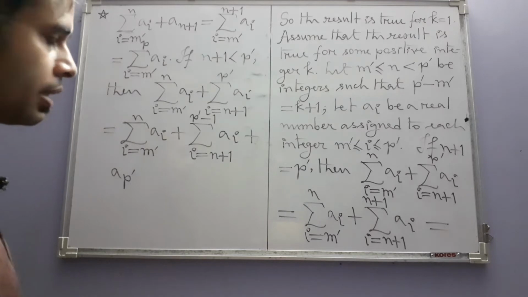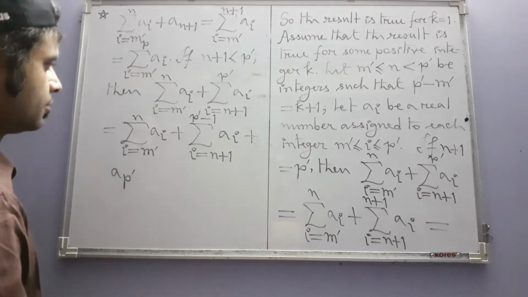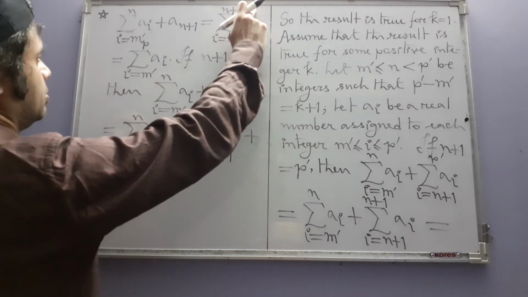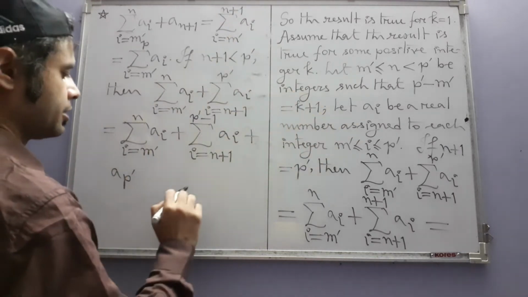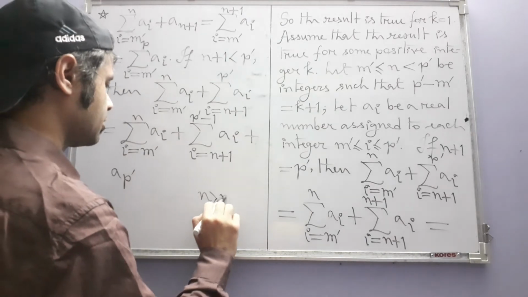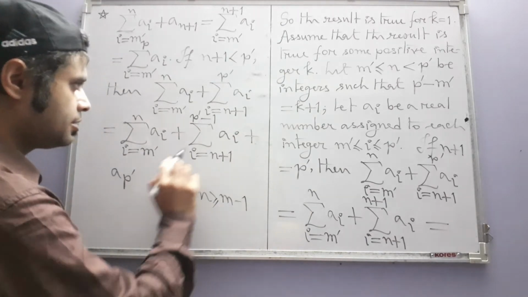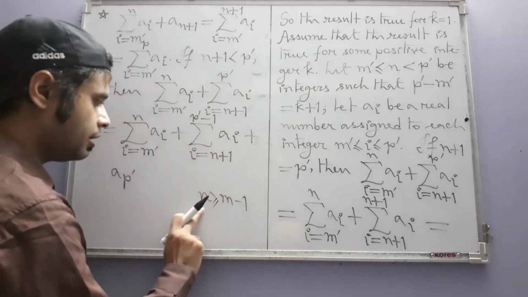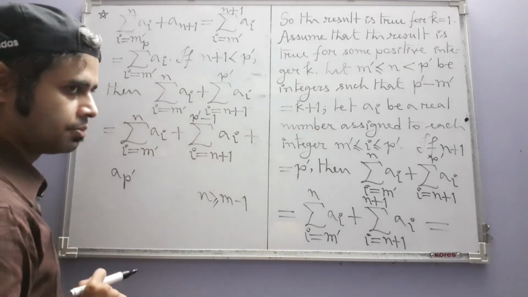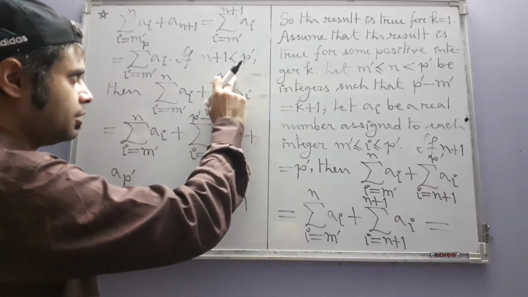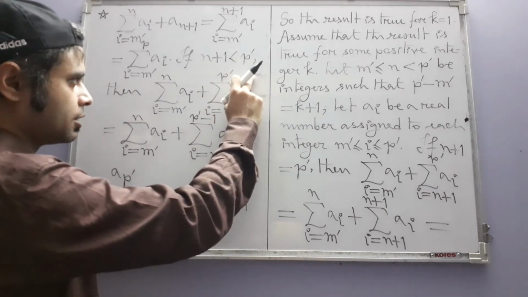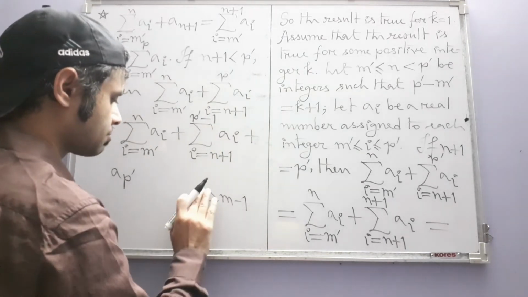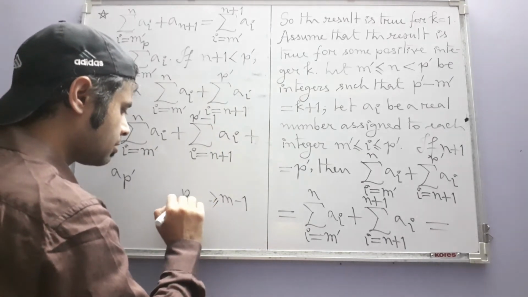The question is again, can we do this? If you recall the condition, n is greater than or equal to m minus 1. In this case, our n is p prime minus 1, because p prime is p prime minus 1 plus 1.